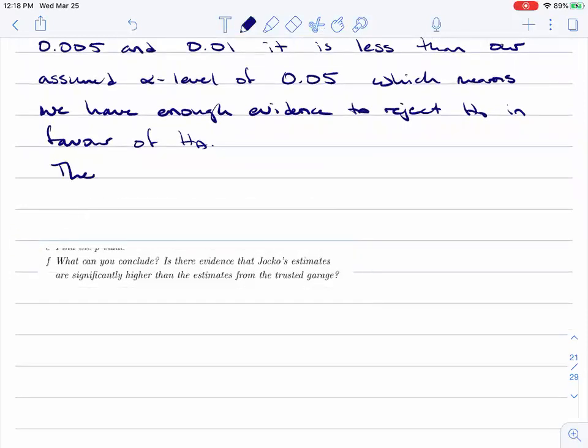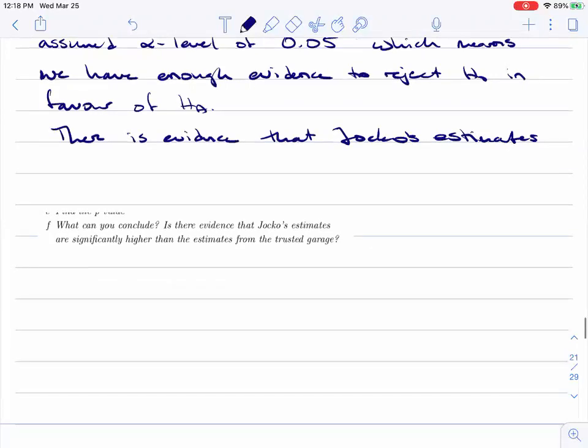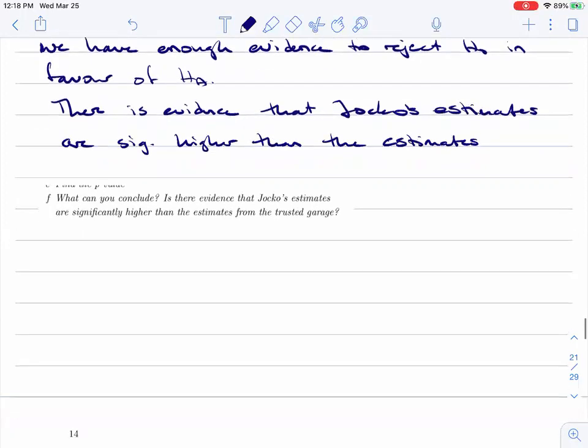There is evidence that Jocko's estimates are significantly higher than the estimates from the trusted garage.